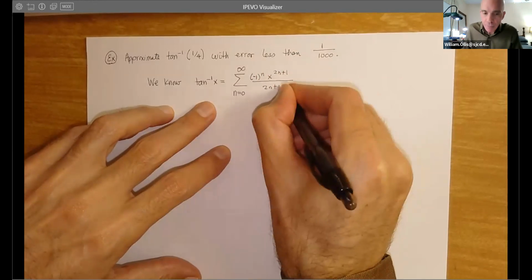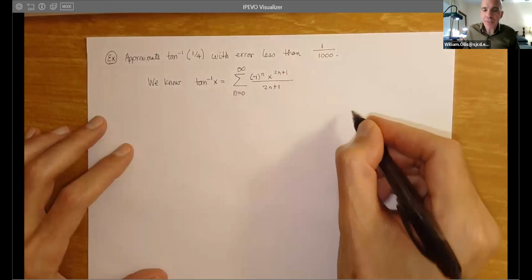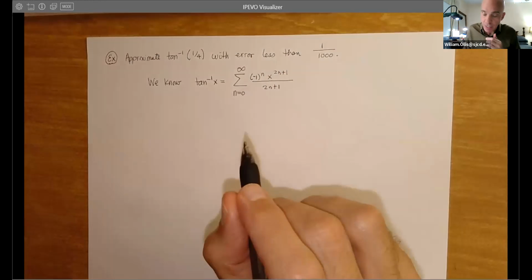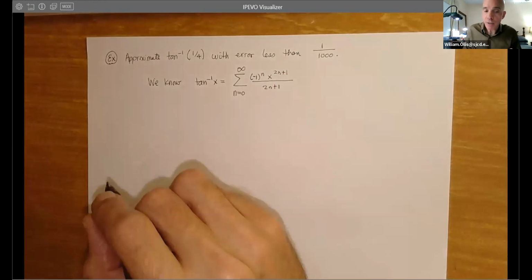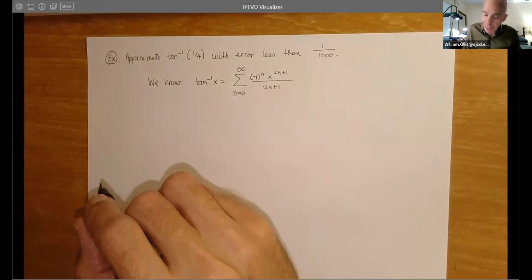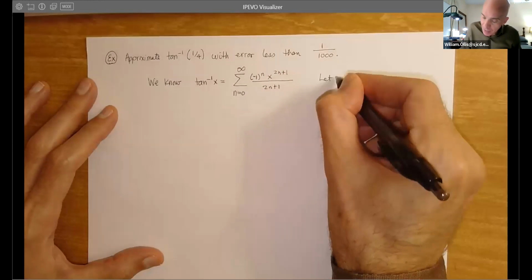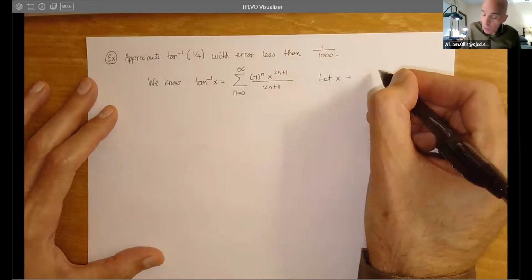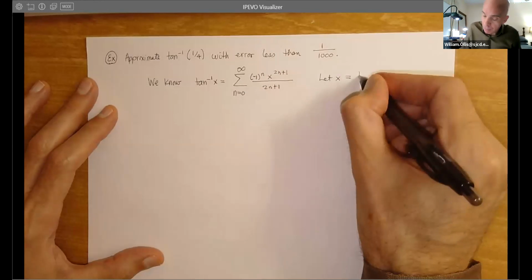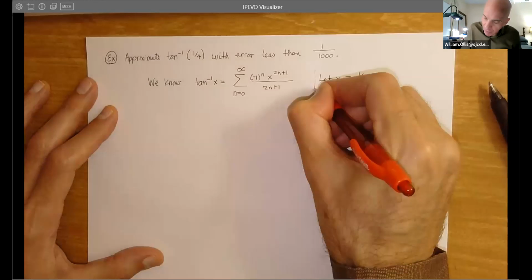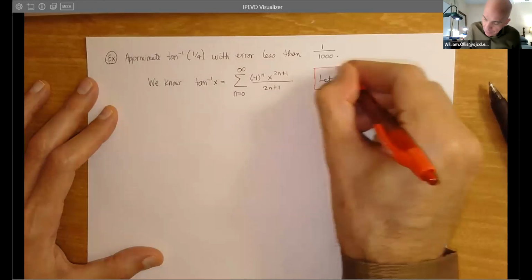So when we think about this, we've got a value for x. So this is alternating, and we just want to look at the first neglected term, so to speak. So let x be 1/4. We've done this before, this is old hat. We keep doing the same thing over and over, but hopefully you'll remember it.